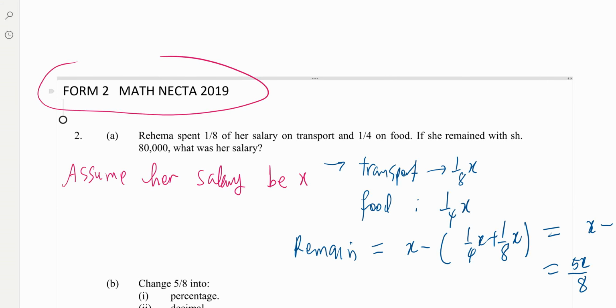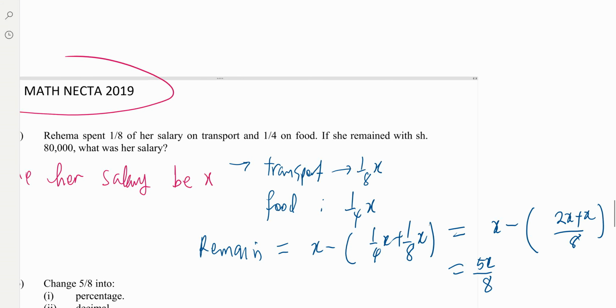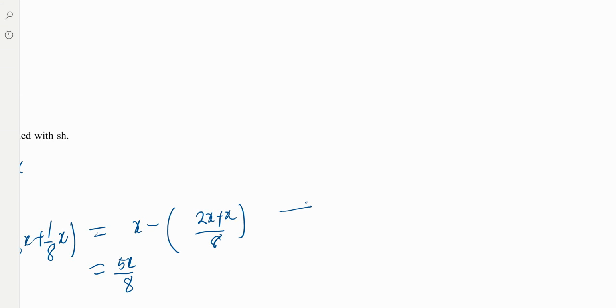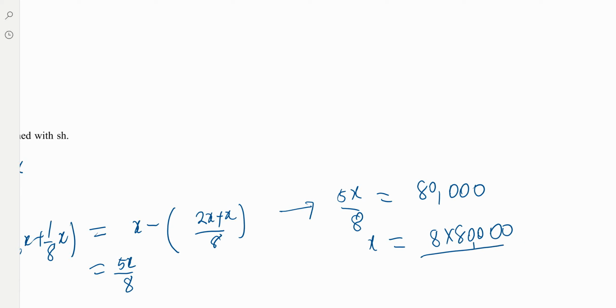So from the question, we were told that the remaining amount is 80,000 shillings. So we can say 5x divided by 8 equals 80,000 shillings. So basically x will be 8 times 80,000 divided by 5. Dividing by 5, 80,000 divided by 5 is 16,000.